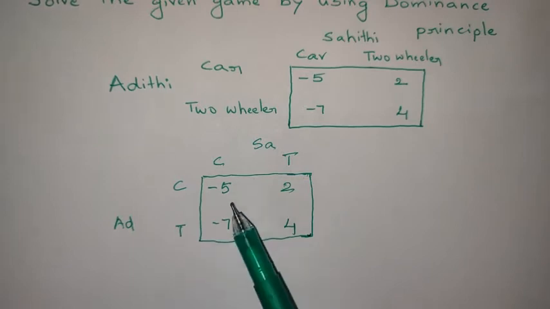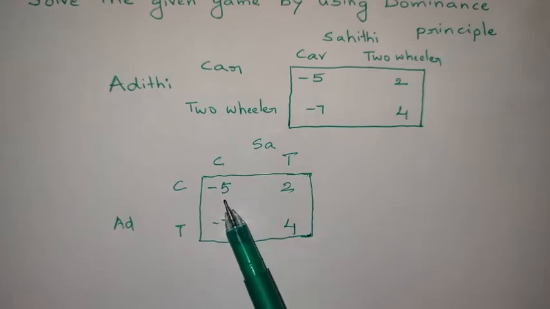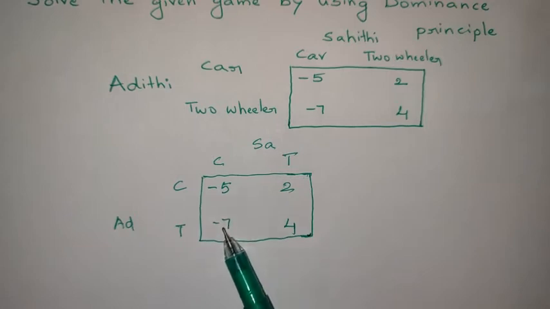See here it is -5 and the corresponding element in the next row is -7. Which one is higher? -5 is higher. This one is row 1 and this one is row 2.